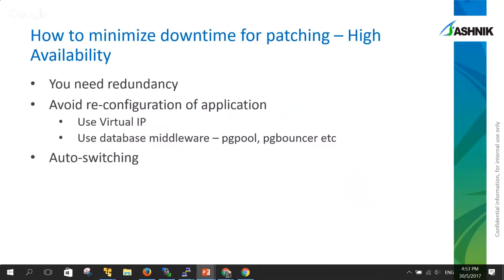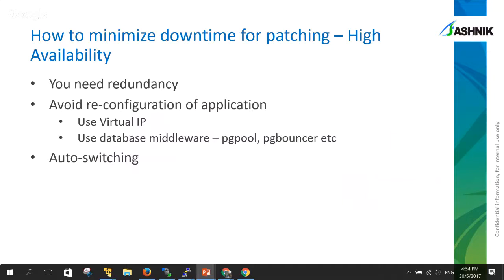Now let's talk about how you can minimize the downtime while doing the patching. Of course, you need some kind of high availability. You need redundancy in your system, and you should have a mechanism to avoid reconfiguration of the application, for which you might want to use a virtual IP, or you might want to use database middleware like PgPool or PgBouncer, or you might want to handle that at your client or application level.